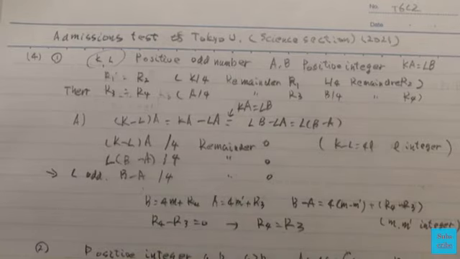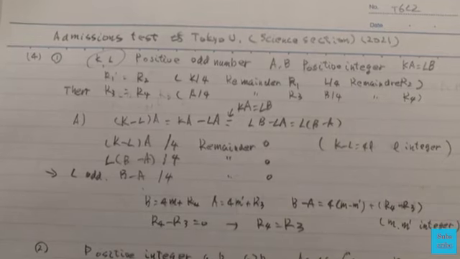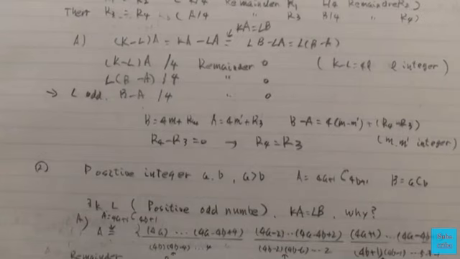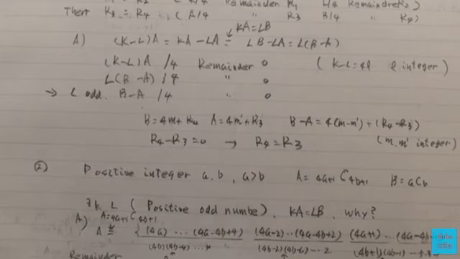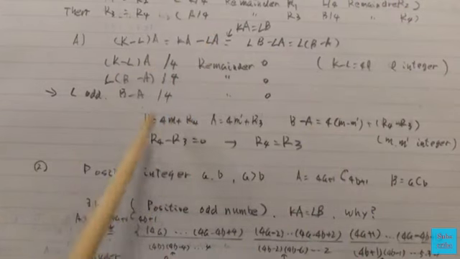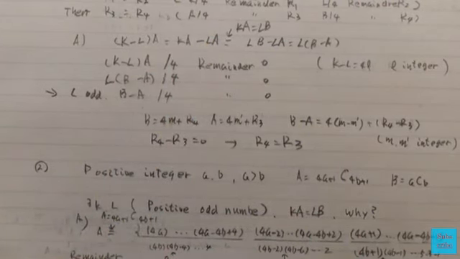And B divided by 4 has remainder R4, and then B equals 4M plus R4, and A equals, similarly, 4M dash plus R3.